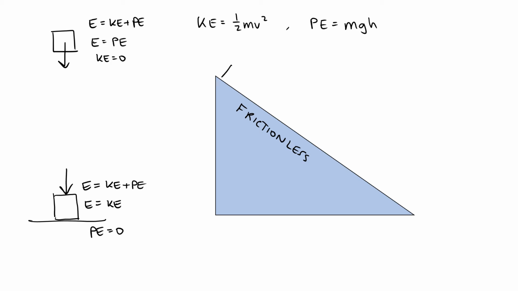I could put a block up here and find its total energy at this tallest point, kinetic energy plus potential energy. The problems usually start out with this thing at rest at the top. So since it's at rest, the velocity is 0. Same sort of case, just like that.